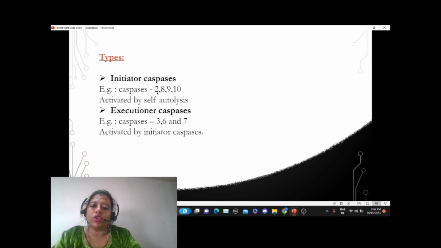Examples include caspase 2, 8, 9, and 10. Executioner caspases are the actual caspases which will execute the process of apoptosis, meaning they will finally kill the cell, and they are activated by initiator caspases. Examples include caspase 3, 6, and 7.